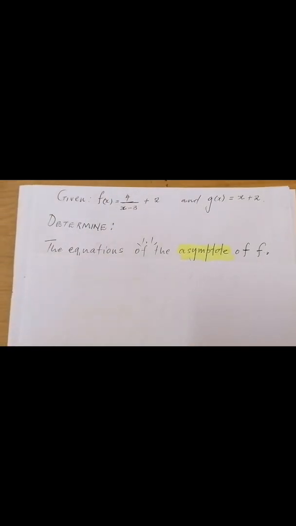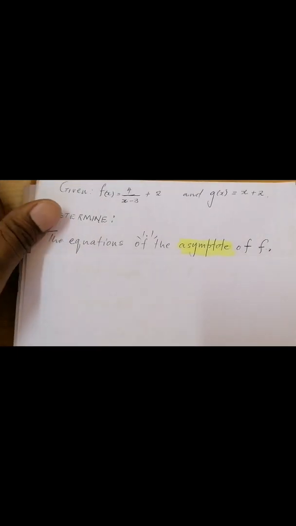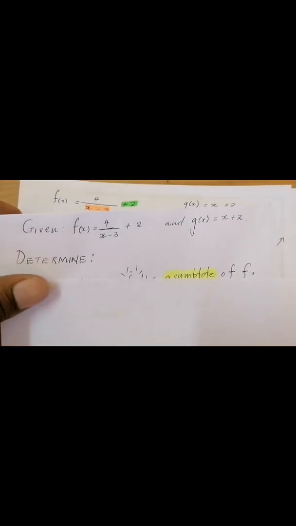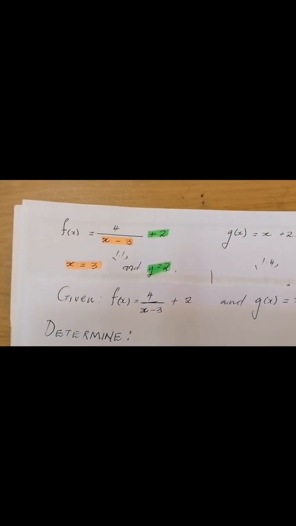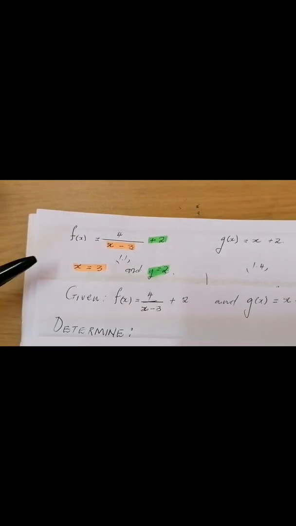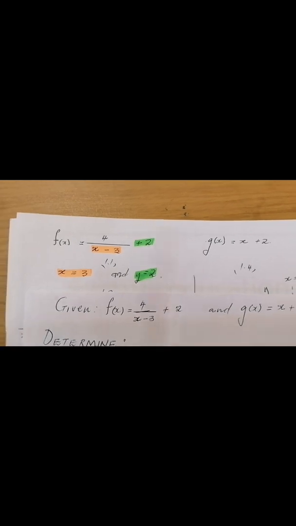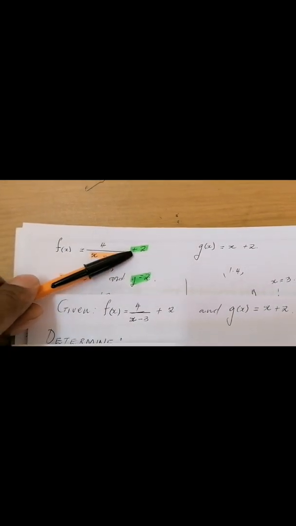Now, determining the equations of the asymptotes, what do we do here? Like I said to you, x is not supposed to be 3. That one is your vertical asymptote. The value of y, if you look at green there, cannot be equal to 2. This is your horizontal asymptote.